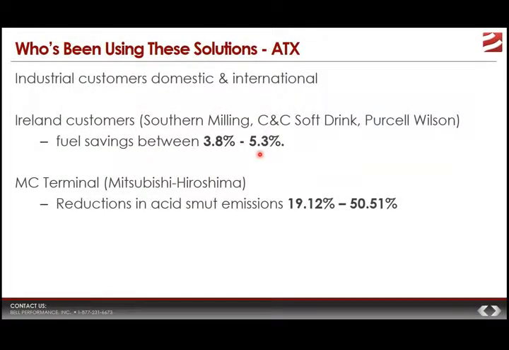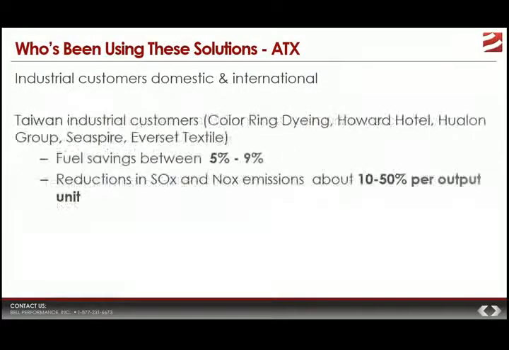There are other different industrial customers, both domestic and foreign, like in Ireland, Southern Milling, C&Z Soft Drink, Purcell Wilson, all of whom would save between the high 3s and the low 5% in fuel savings, which is substantial fuel savings. MC Terminal in Japan used it to reduce acid smut emissions to the community by between 19 and 50%. Also, industrial customers in Taiwan.